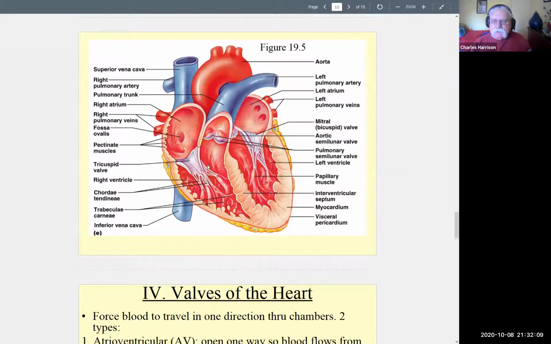When the blood enters into the right ventricle, it's next primed to go up through the pulmonary trunk and pulmonary arteries to the lung. And when the ventricles, both of them, contract forcibly, it forces that blood up into here. Why doesn't the blood go back the way it came to the right atrium?